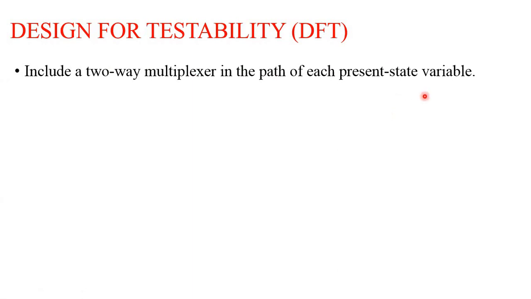In the previous slide we discussed that present state and next state are internally available variables, and because of that it is difficult to test the sequential circuit. To overcome that, we use a two-way multiplexer connected at the present state variable.